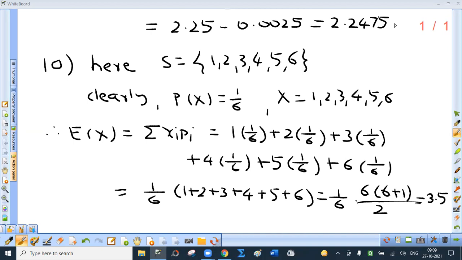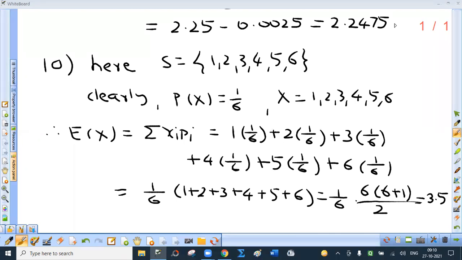So chance of getting 1 is the same as chance of getting 2 up to 6, and each is 1 upon 6 because there are 6 scores. In case of 15, probability would have been 1 by 15 in case of equally likely events. That is why I have written here sample space is 1, 2, 3, 4, 5, 6. So it is P of x, probability mass function. It is 1 upon 6 for x equal to 1, 2, 3, 4, 5, 6.